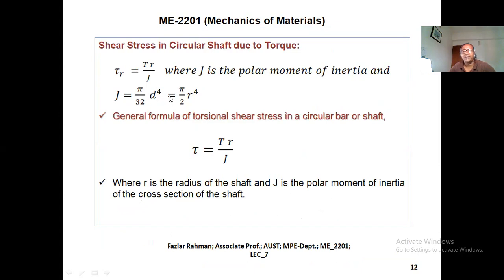So in general, we can say tau equals T r by J, where r is the radius of the shaft. If you figure out the shear stress at the center, what is the value of r? 0. So tau will be 0. But at the outside, r is maximum, so the shear stress will be maximum.